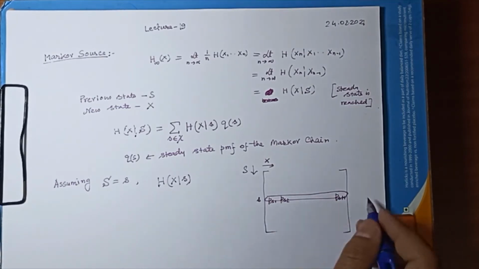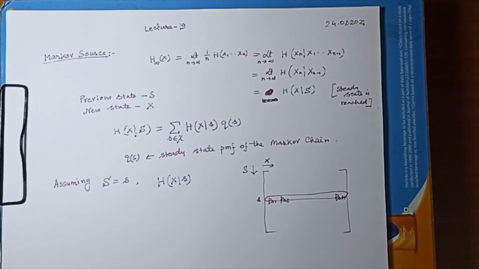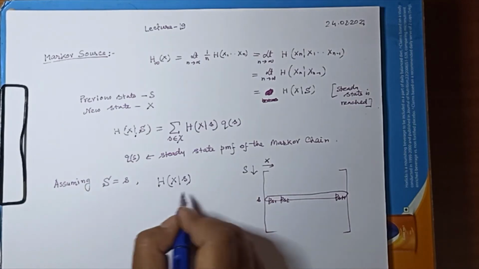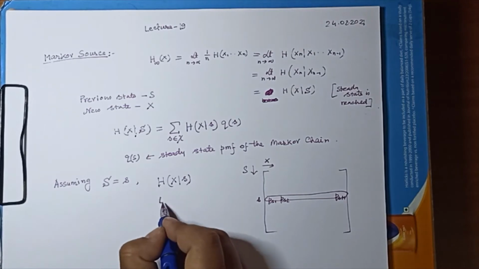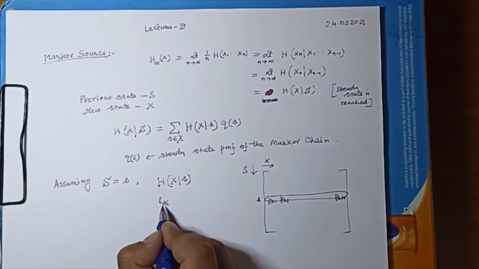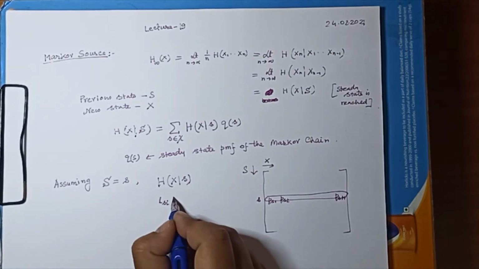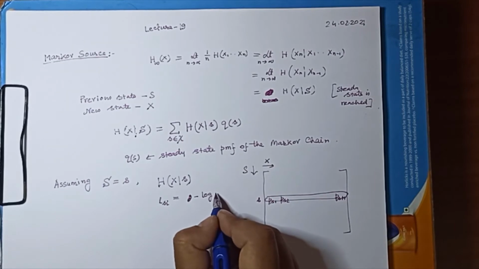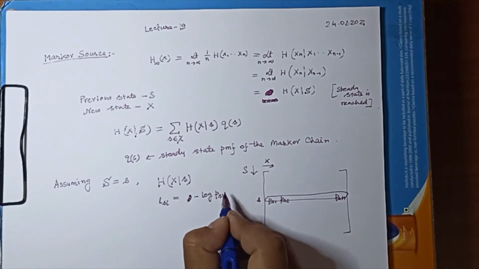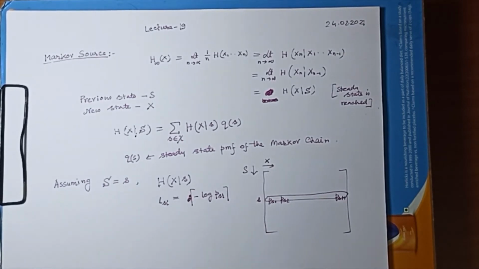So for that row you have the Kraft inequality. You can compute the length L of s i, where the previous state is s, which is the ceiling of minus log of P s i.